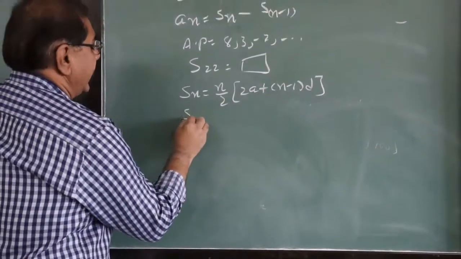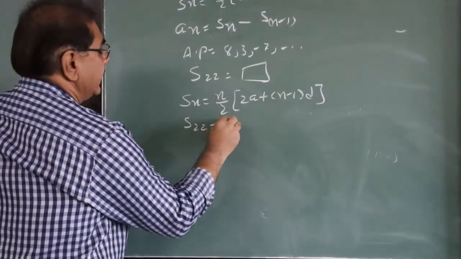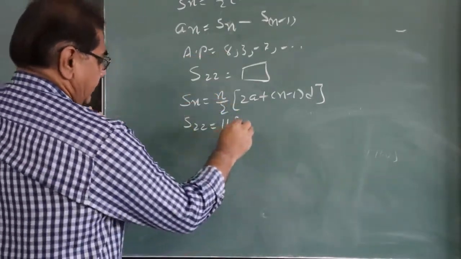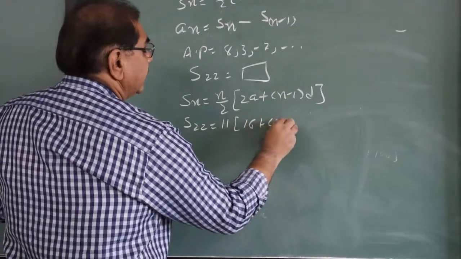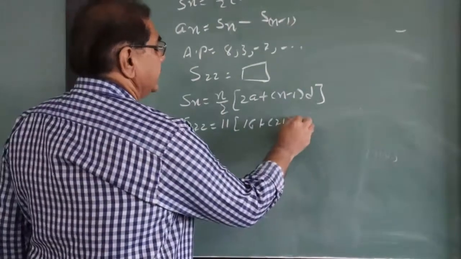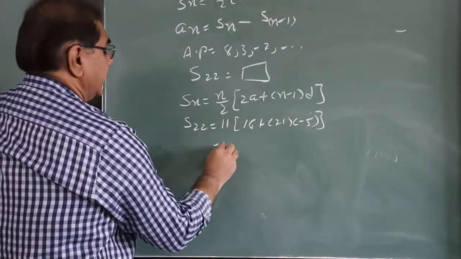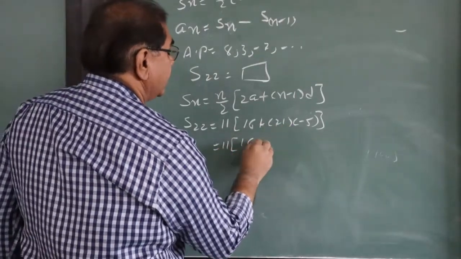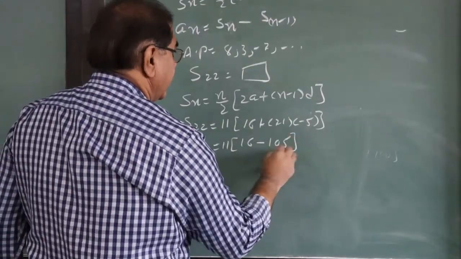S22 is equal to 22 upon 2, which is 11, into 2a, 8 2s are 16, plus 22 minus 1, 21, and the difference is 3 minus 8, which is minus 5. So 11 into bracket 16 plus 21 into minus 5, that is 105.